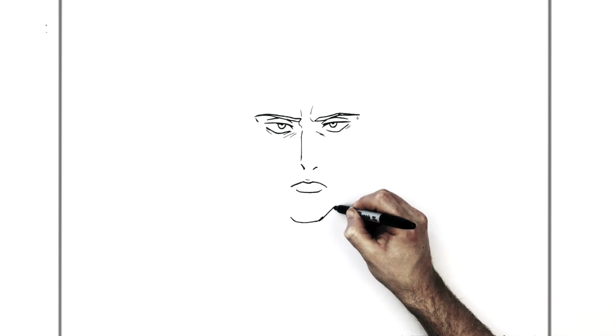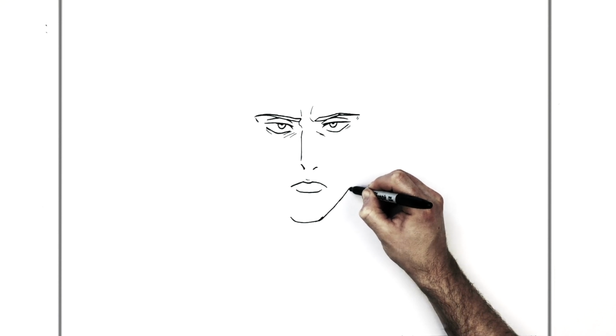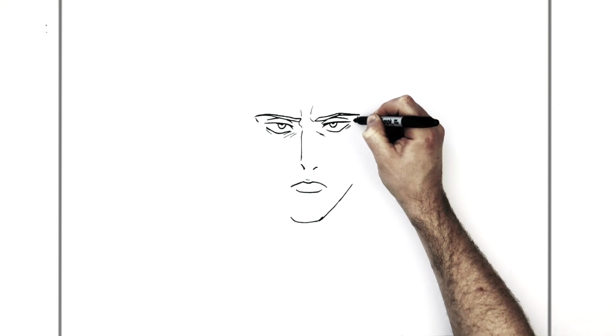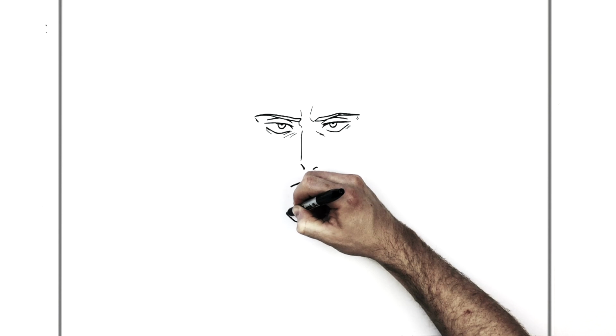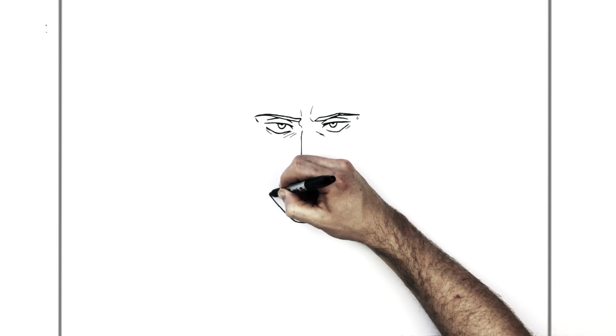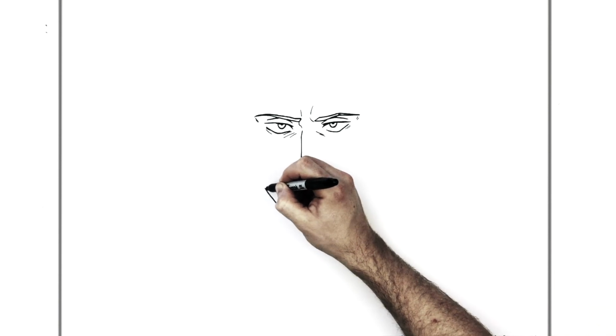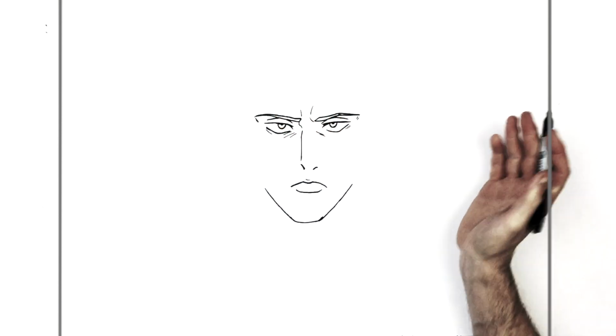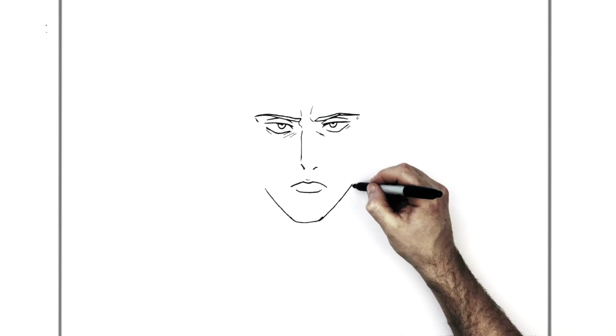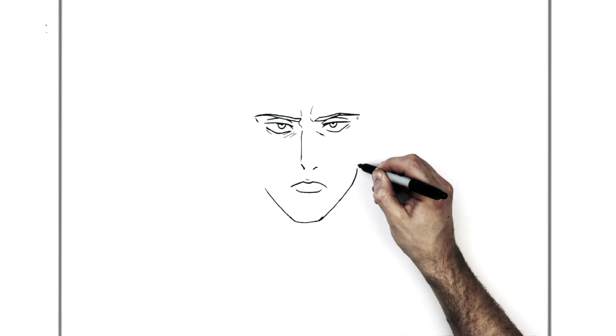So then the jaw up the side. You want to stop about mouth level, just underneath the corner of his eye, because that's where you change direction. So you're going to curve it up this way, right?